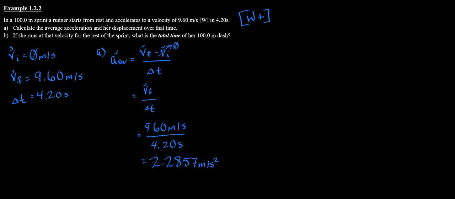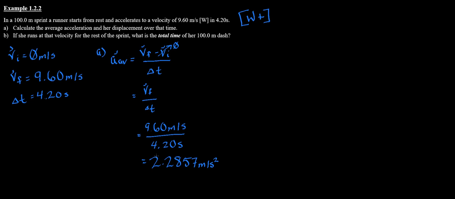Okay, so that's the first thing they wanted us to solve for in A. They also want us to solve for her displacement over that time. That's what's actually going to help us solve for the total time that it takes her to run, because we need to know how far she runs while she's accelerating to know how far she has to run to finish the race. You could go ahead and use the acceleration that you just solved for.